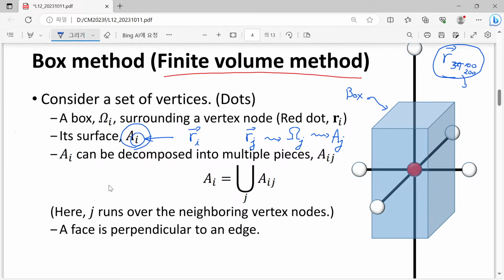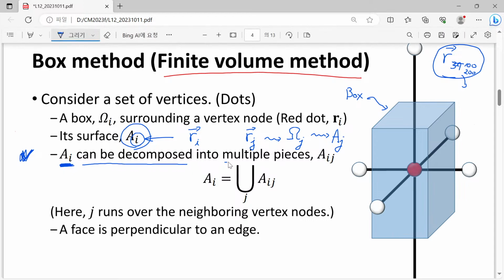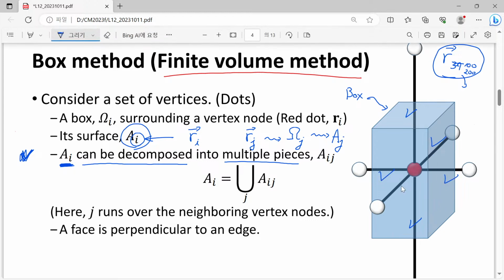And now what I want to say is, in this third line, this entire overall surface can be decomposed into multiple pieces. For example, if you are looking at this box, seemingly a cuboid, how many pieces can you find? You can find 1, 2, 3, 4, 5, 6.